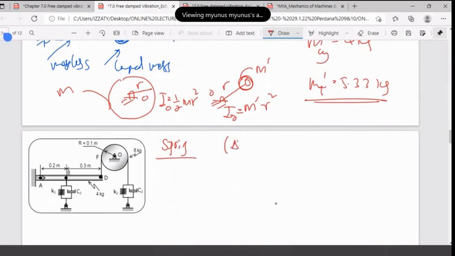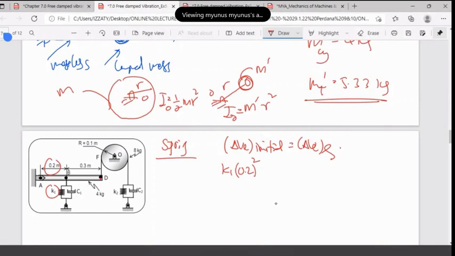Now the spring equation: delta VE initial is equal to delta VE equivalent. Initial is basically this initial. Then you move to here, so you have K1 multiplied by initial 0.2, not to forget power of 2.